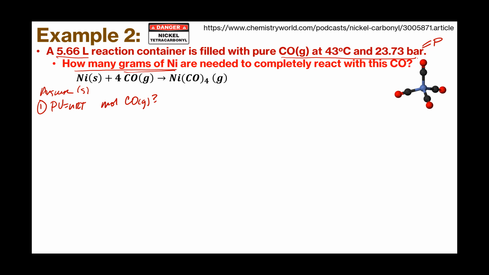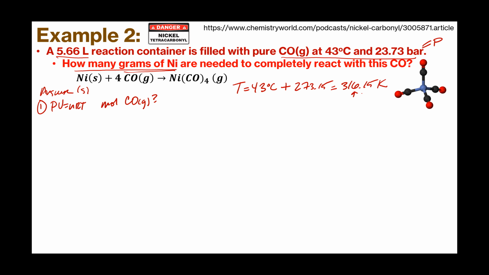Let's look and see what we have to convert data-wise. Our temperature needs to be Kelvin, so 43 C plus 273.15 is 316.15 Kelvin. This will have three significant figures for us.